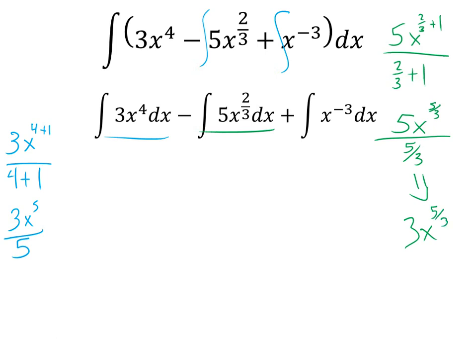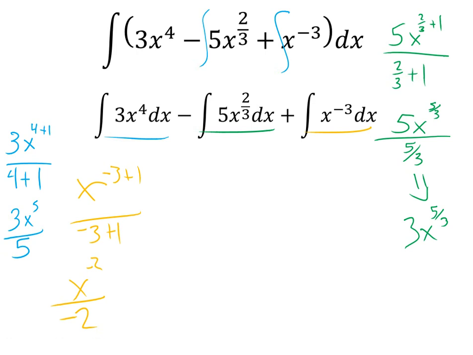And now the last one, which we'll do in orange, will be x to the -3 plus 1 all over -3 plus 1, which would be x to the -2 all over -2.